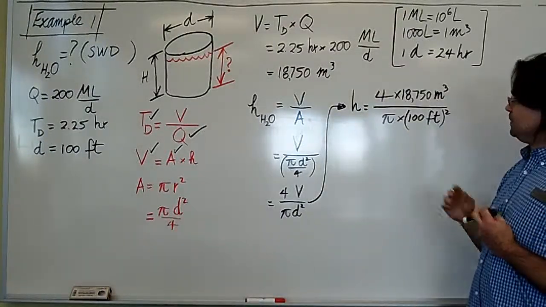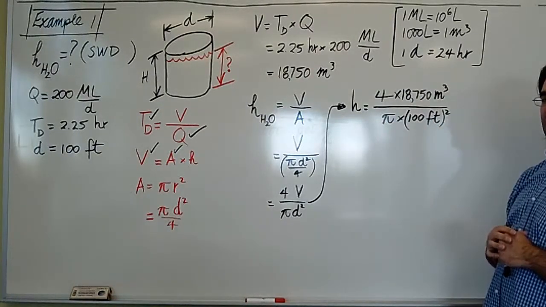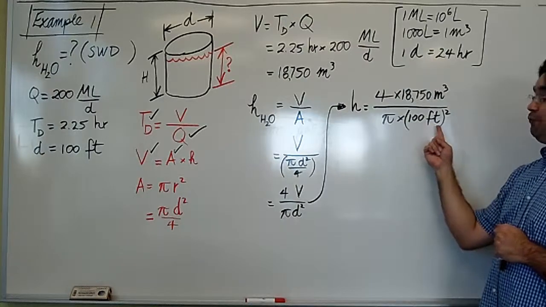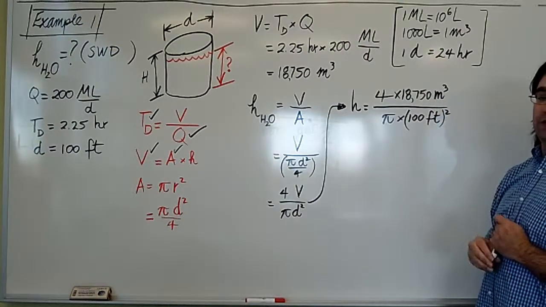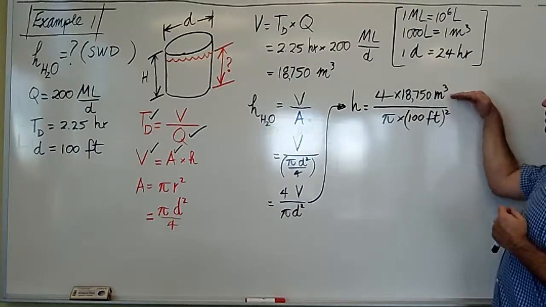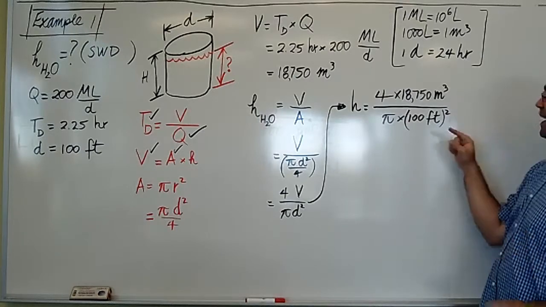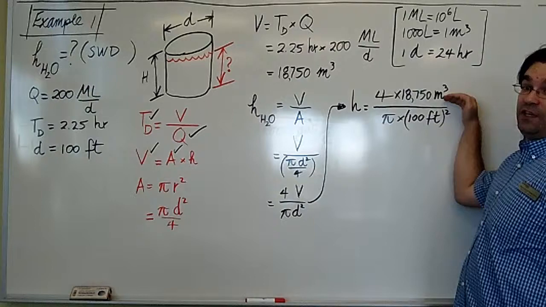voila. Do you notice something odd about this formulation? That's right. We have feet at the denominator and we have cubic meters at the numerator. Meters and feet don't cancel out easily. One is metric, the other one is imperial. So either we convert feet to meters or we convert meters to feet.